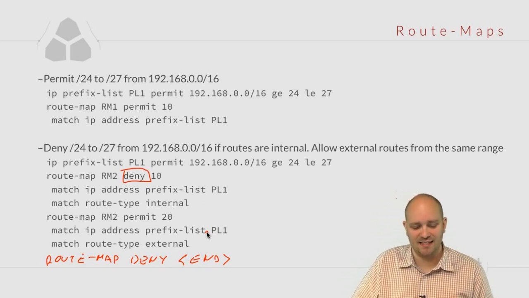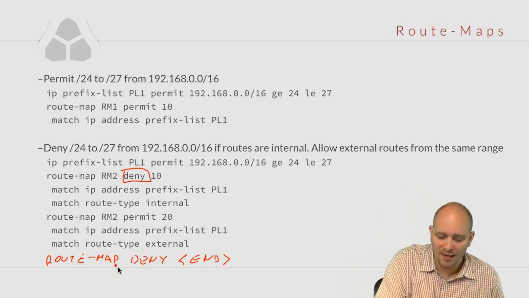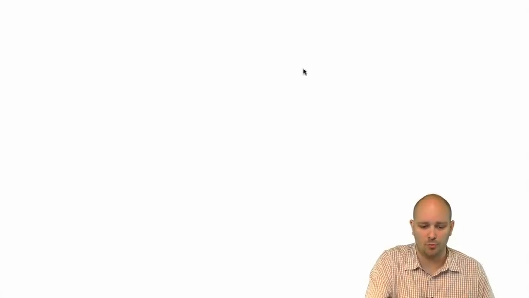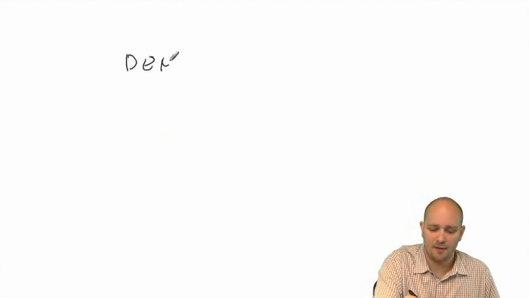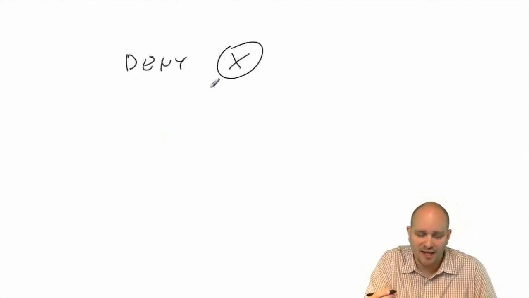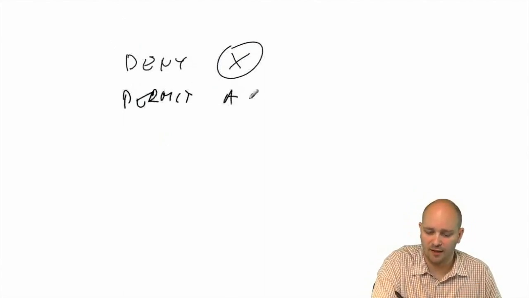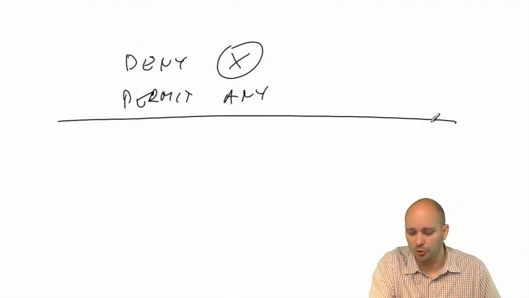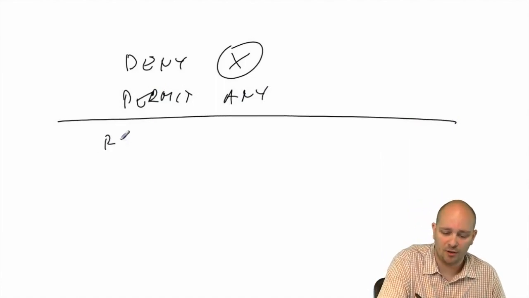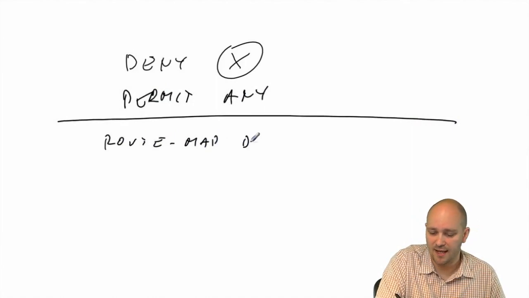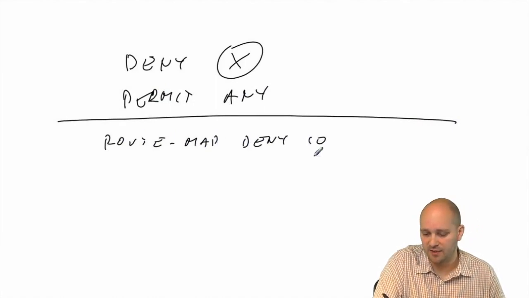If that is the case, what you need to do, probably at the end of your route map, so let me use the whiteboard for that. So if you had a task, if you wanted to do something that says deny x, whatever x might be, and permit everything else, what you need to do is really, you need to create a route map that is, say, deny, for example, 10.